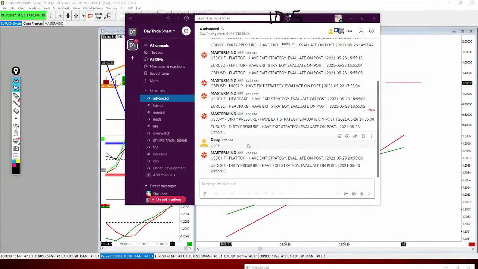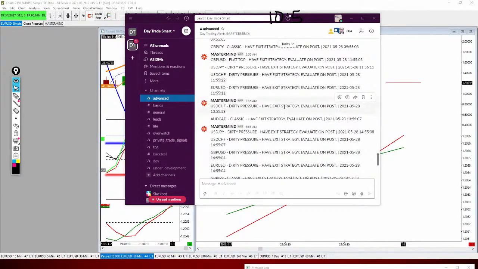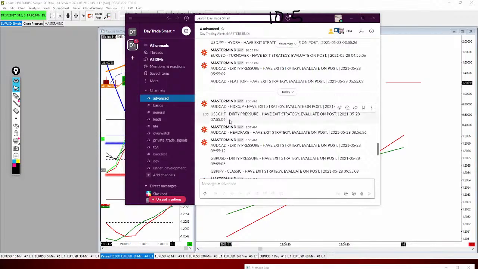comes out and it'll say, you know, like this, Euro USD dirty pressure, right? And dirty pressure is actually one that happens really often. So today's a Friday, and Friday is usually a light day. But let's just count these out real quick.